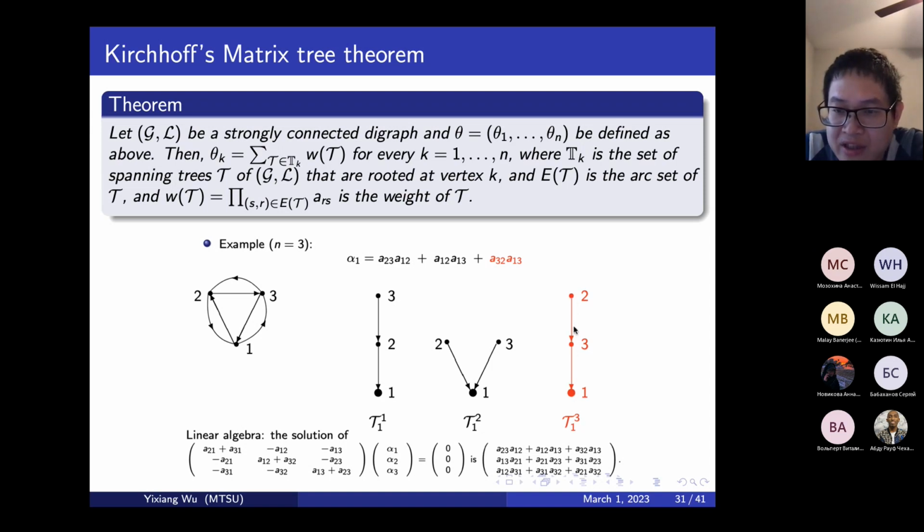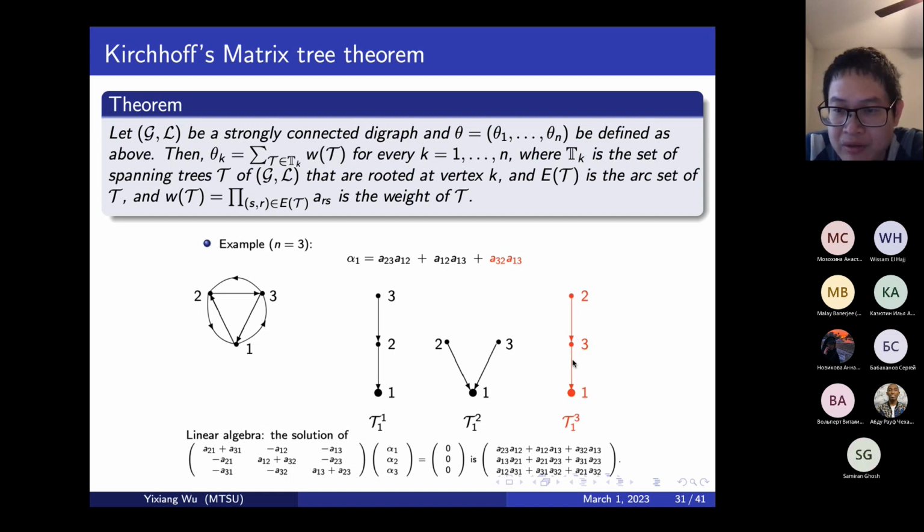You see, the edge from 2 to 3 is A32, and then you multiply by A13, and you get the weight of this tree. So you sum up the weights of these 3 trees rooted at 1, and you get alpha 1.